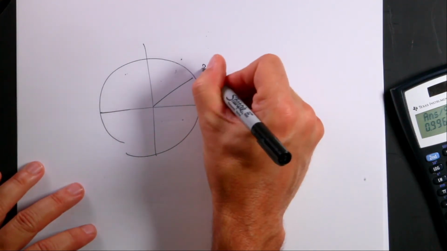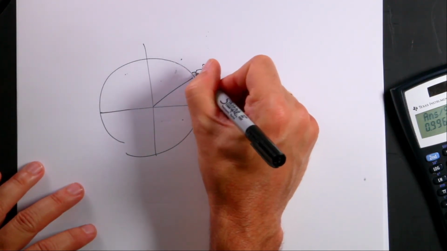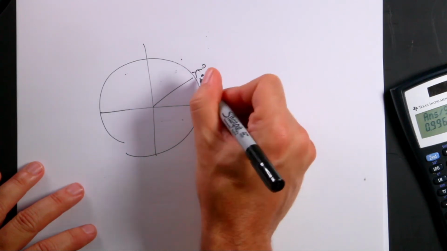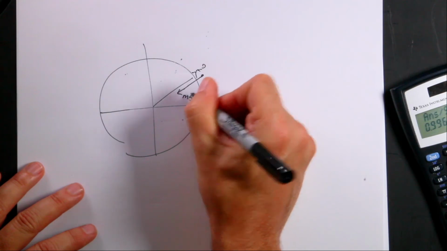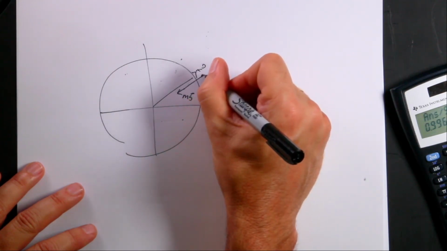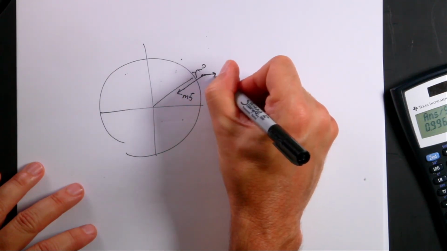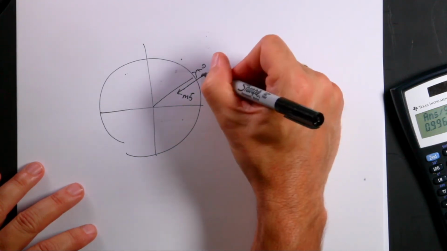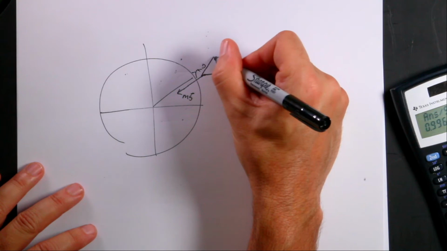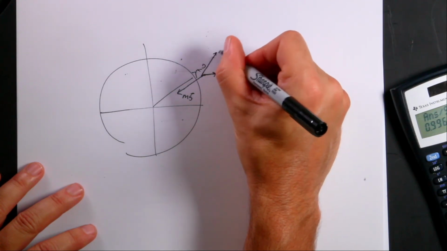And that's probably okay, but I don't want to be probably okay. Okay, so here I have mg. I'll draw it big. Here I have F, the fake force. And then this would be the normal force.